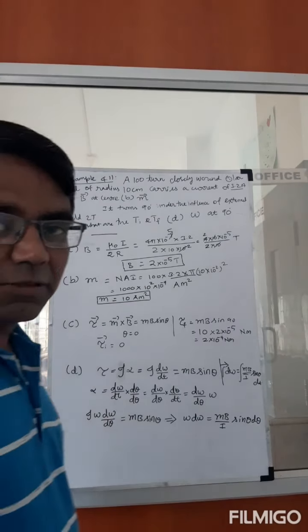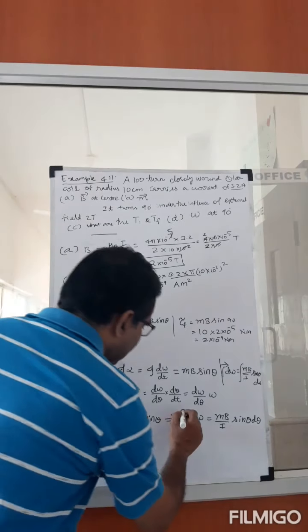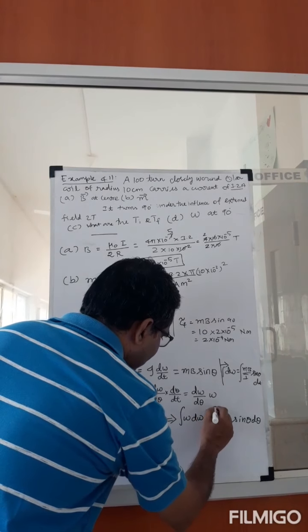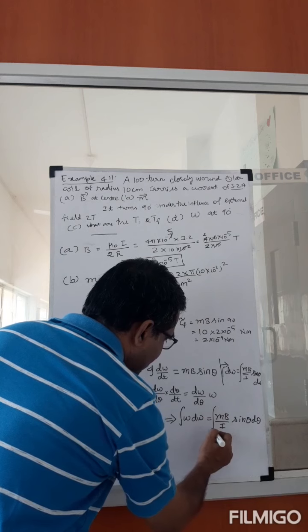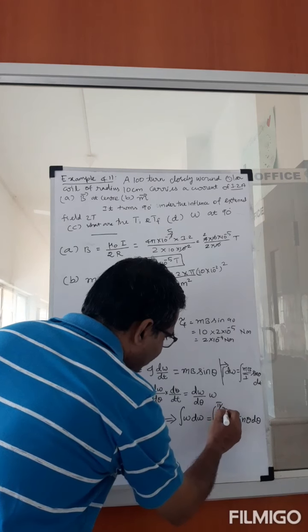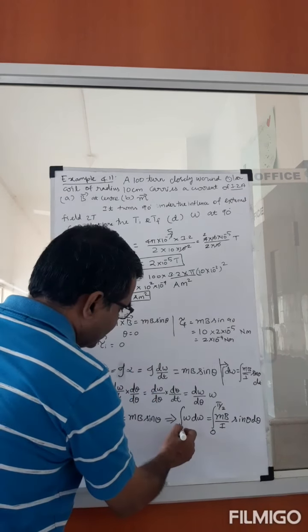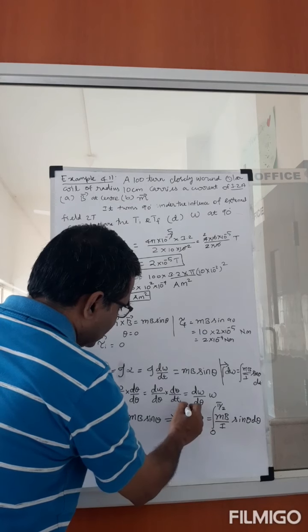Now this is an integrable form. Now I can integrate it. So I go from 0 to pi by 2, and here it's going from 0 to some omega.